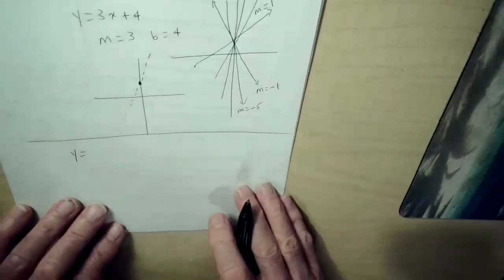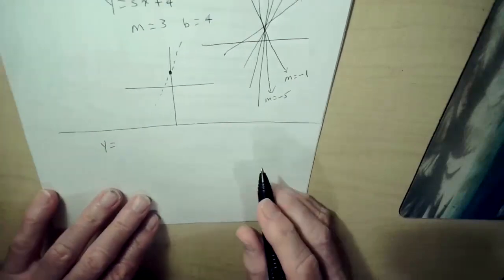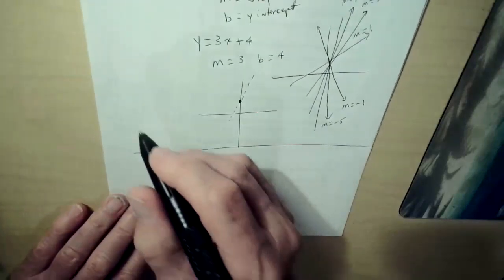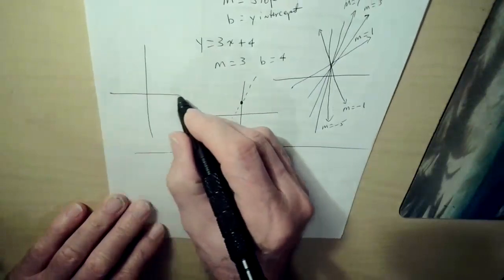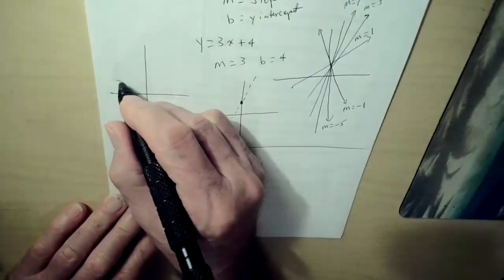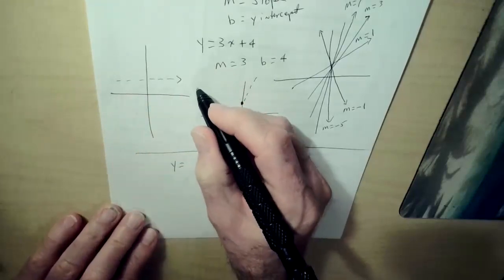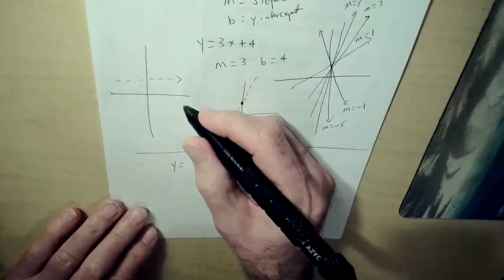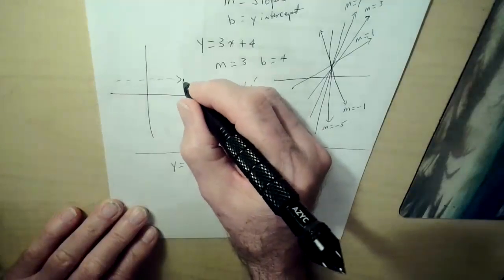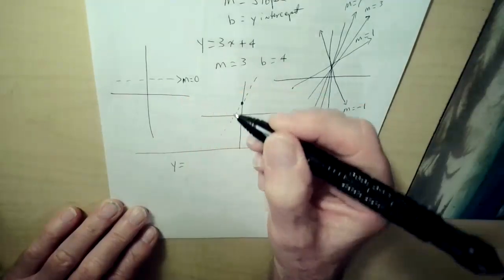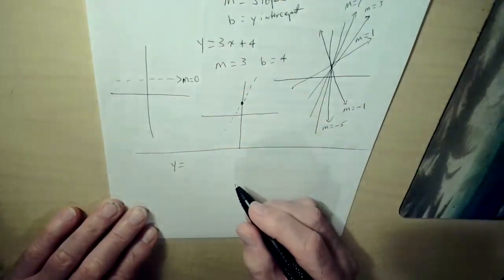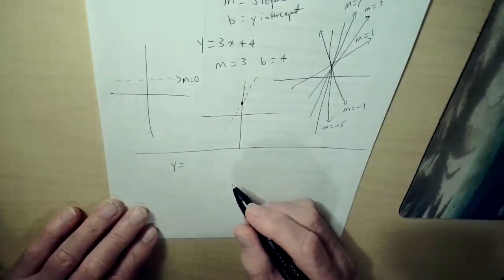Okay, now, what if we have a line that's a horizontal line? Here the slope is 0.